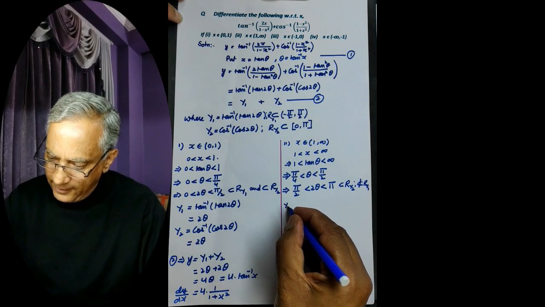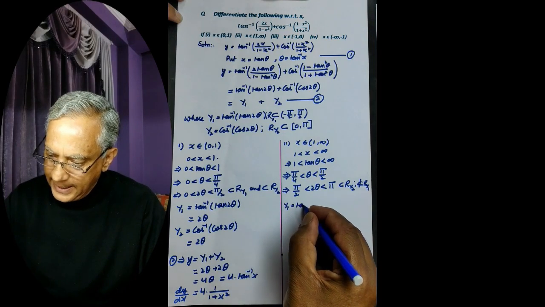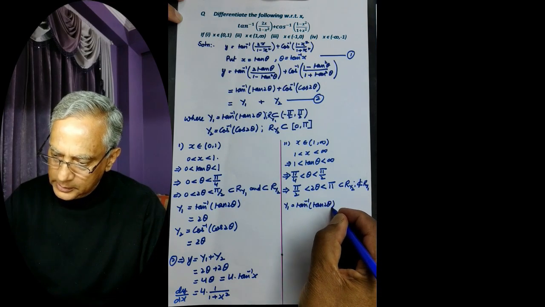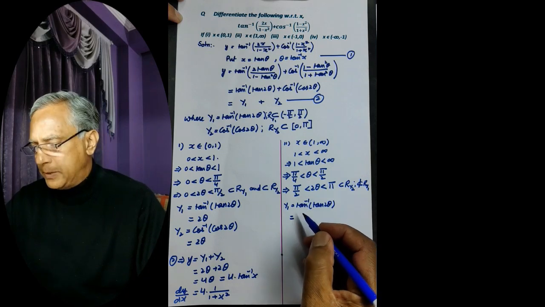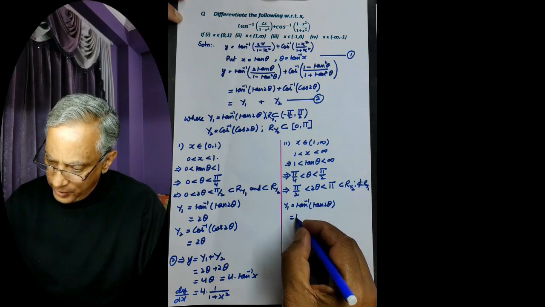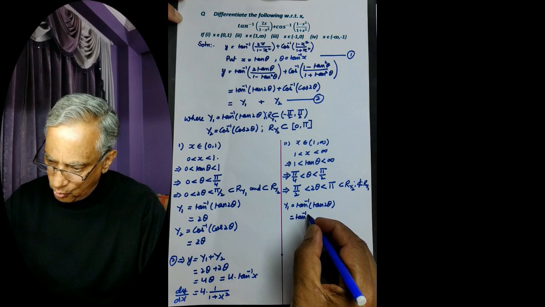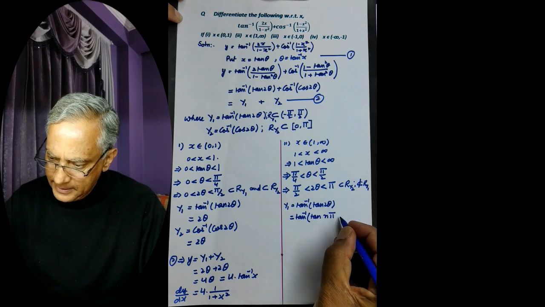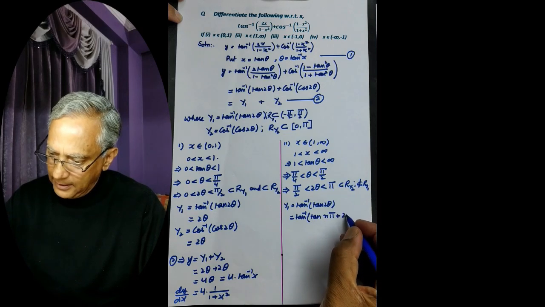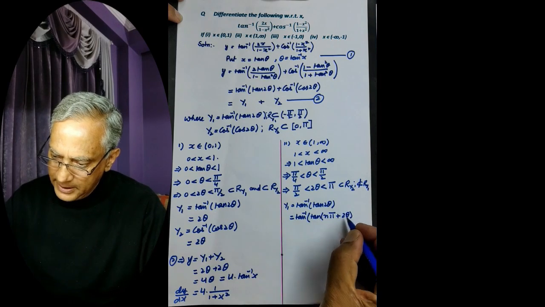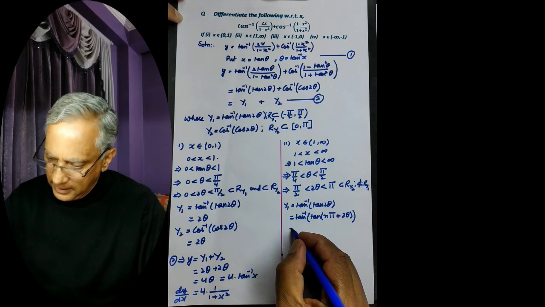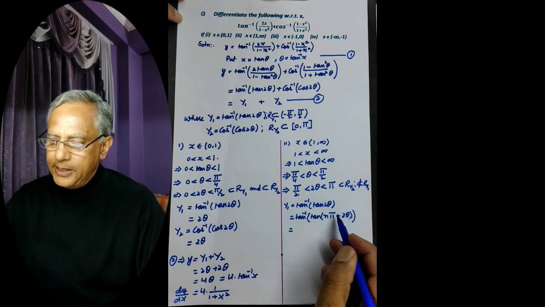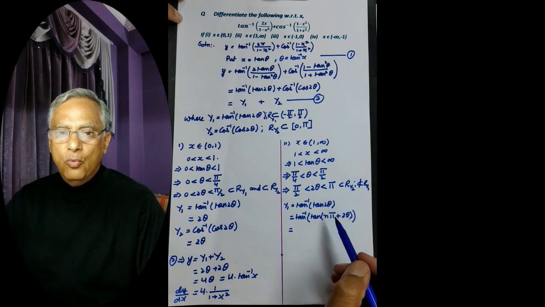Now y1 is equal to tan inverse of tangent 2 theta, and I have explained it to you earlier. We must write this as tan inverse tan of n pi plus alpha. Alpha is 2 theta. Now we choose n such that this is within the range of y1.